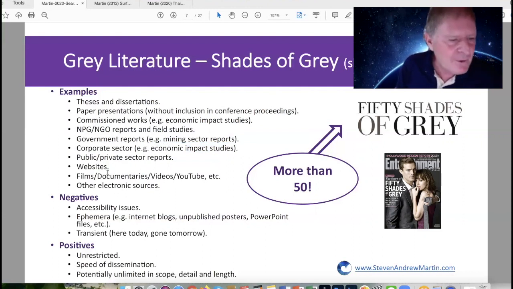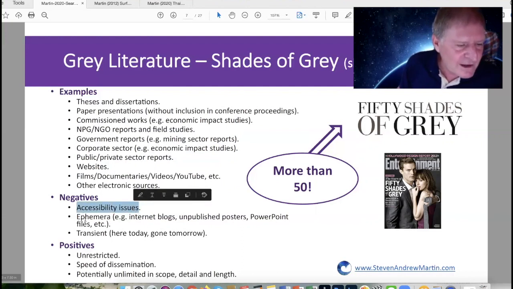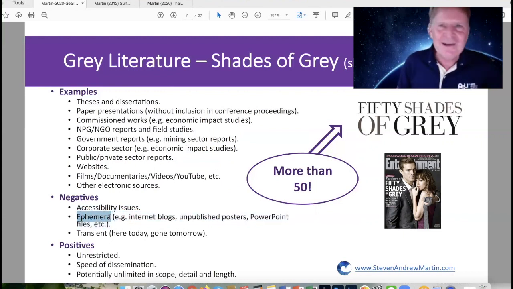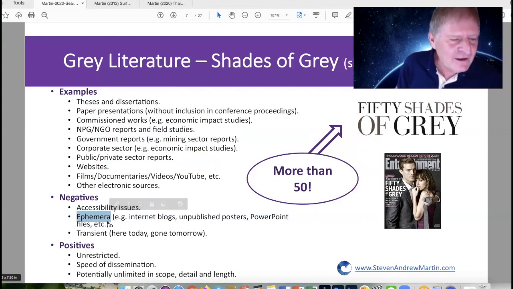This is my point, right? So that's accessibility issues for the negatives. And then ephemera, this is quite a good word. I hadn't heard of it until a few years ago. But ephemera is stuff that's here today, gone tomorrow.